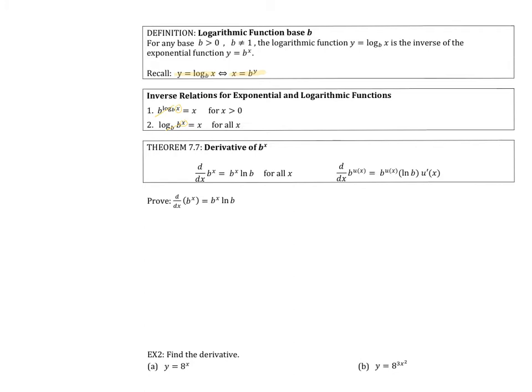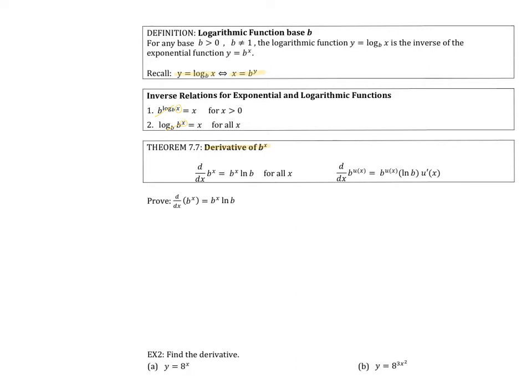So we're going to look at the derivative of any base b to the x, and we're going to compute the derivative. We want to prove this derivative, and we haven't done many proofs in this class, but this is a really nice proof.